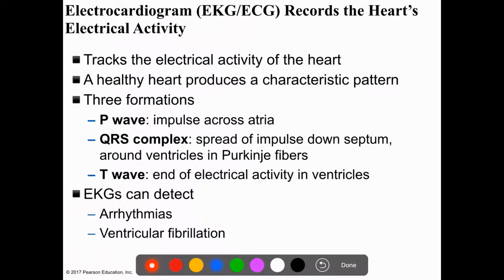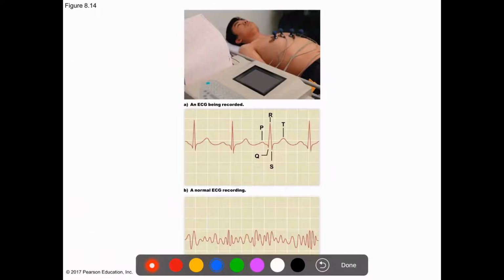Now, in order to be able to see the cardiac conduction system, we can see it through something called the ECG. ECG is the tool for diagnosing mainly heart arrhythmias, which are irregularities in the heartbeat. In order to detect this, we need to track the electrical current in the heart.